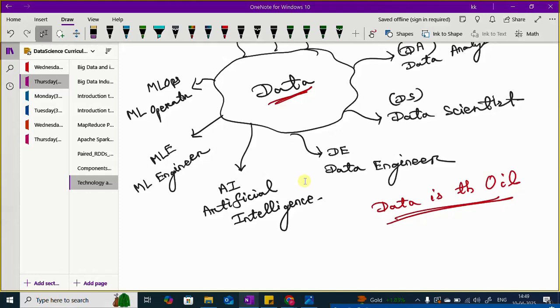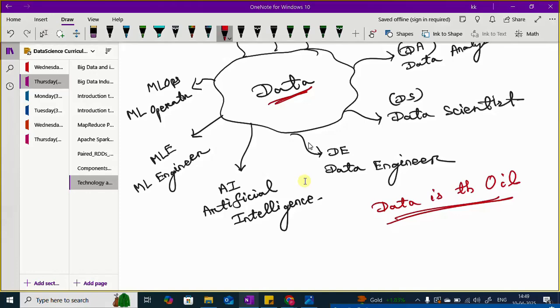It may be petrol, diesel, or whatever. Now things are happening based upon batteries. But some years before EVs came into the market, oil was taking care of the entire automobile industry. Similarly, based upon the data.